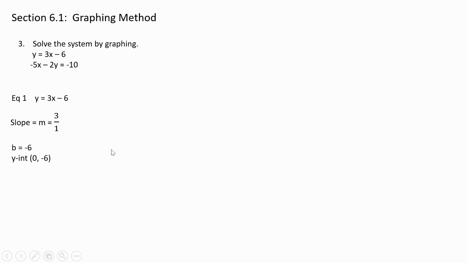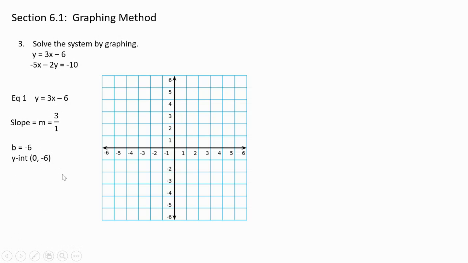To graph in the form y equals mx plus b, the 3 is my slope, so it's going to be the rise over the run. And the b is my -6, which is equivalent to the y-intercept, 0, -6. This is my starting point.